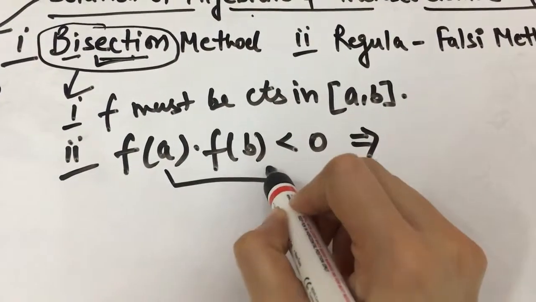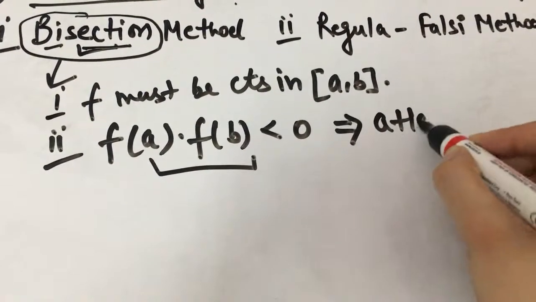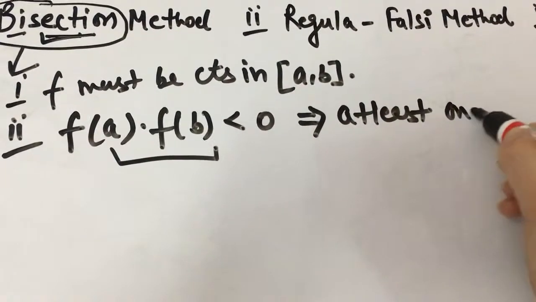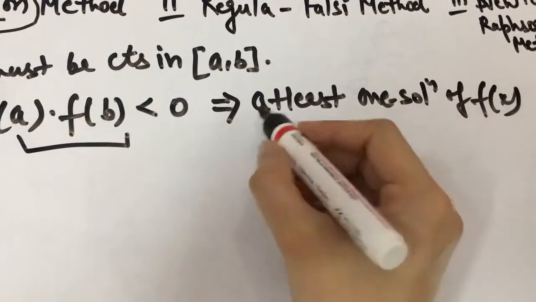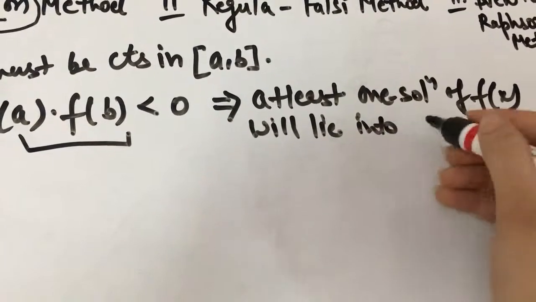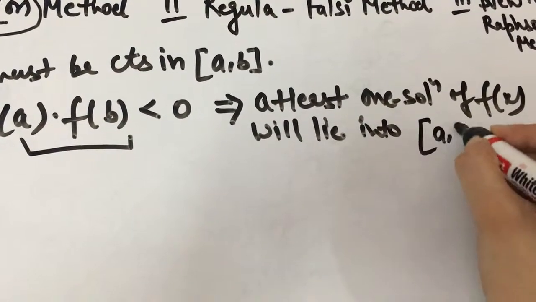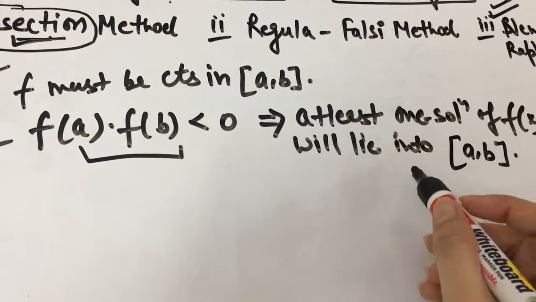if this condition holds, then at least one solution of function f(x) will lie in interval AB. This is the condition.